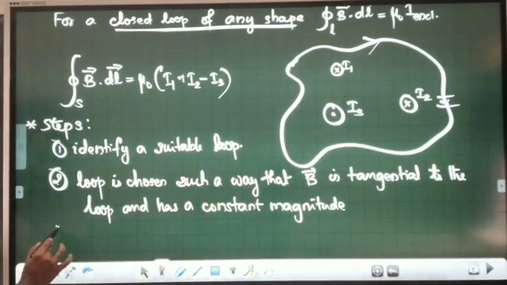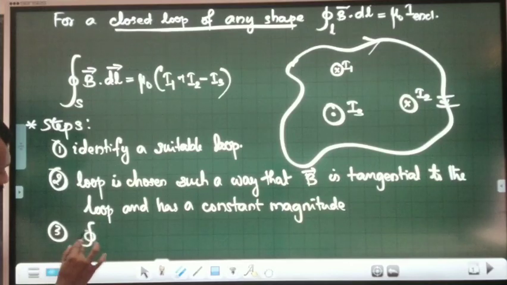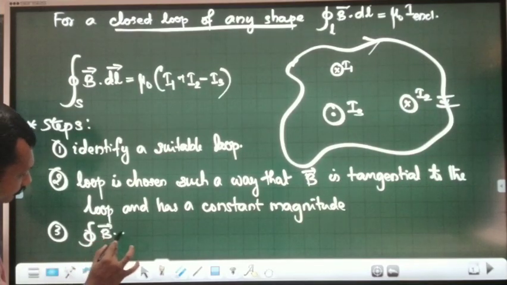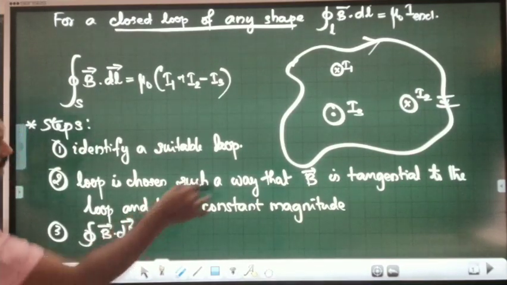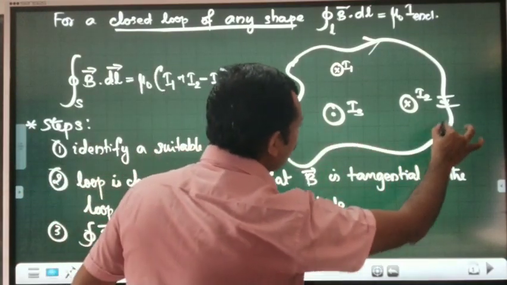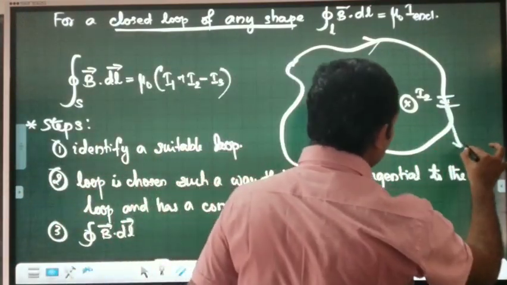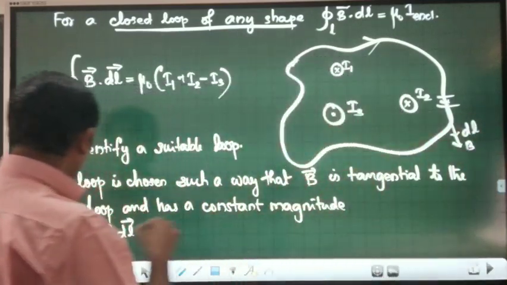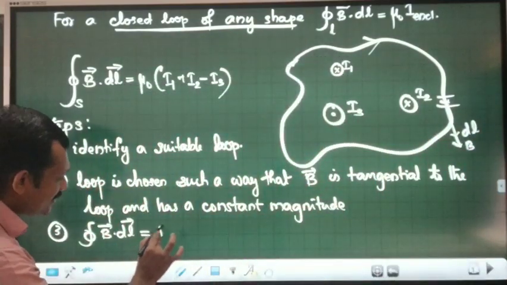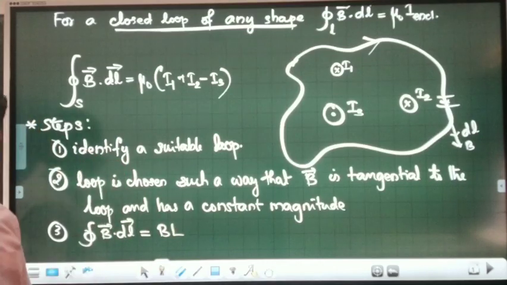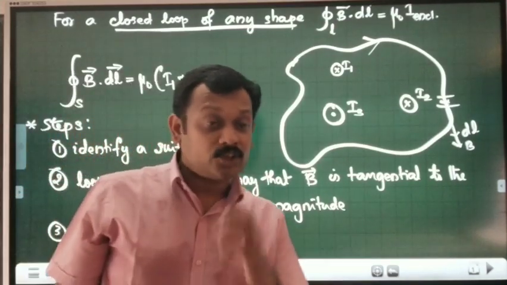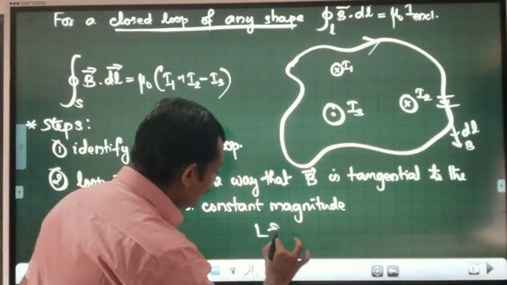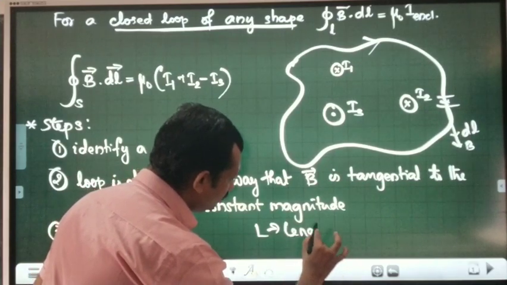That means closed integral B dot dl is equal to what? B is tangential, so B is in this direction, and dl is also in the same direction. So closed integral B dot dl reduces to the form B times L, where L is the length of the loop.